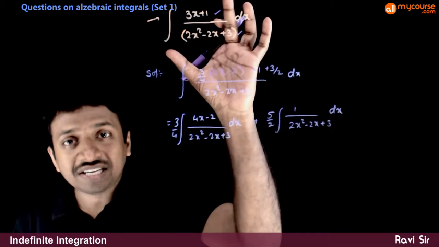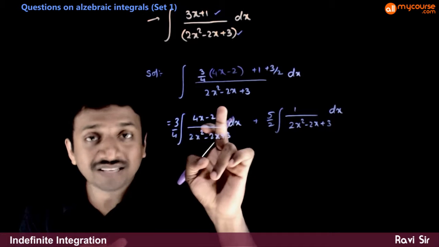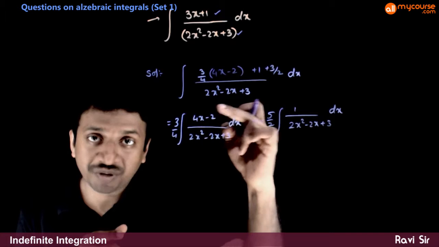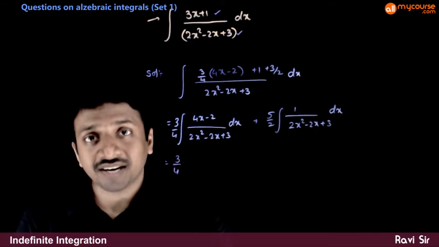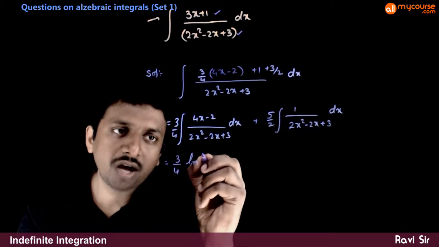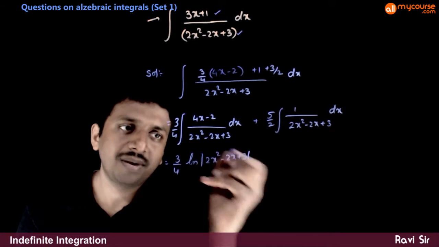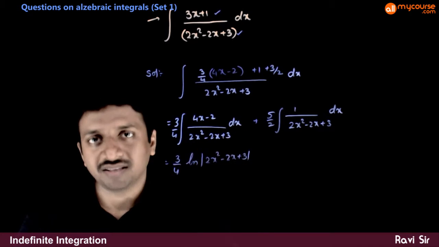So this original integral has been divided into two different integrals. In the first integral, you have the exact differentiation upwards in the numerator, so this first integration is a very direct integration. The answer is log mod of 2x² − 2x + 3. So the first part can be integrated very easily.